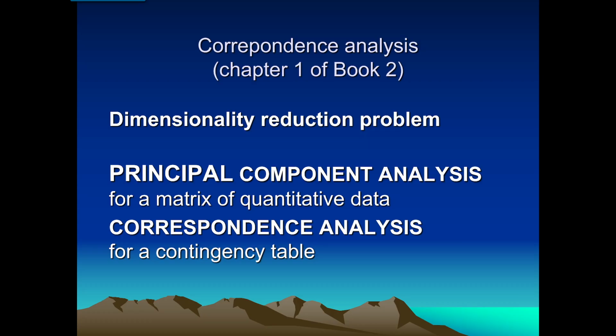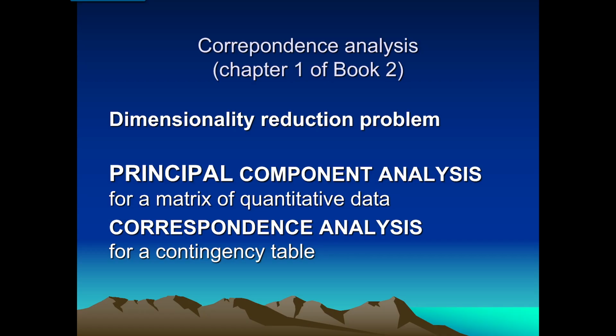Correspondence analysis will be the first chapter of book 2. It is again a dimensionality reduction problem. PCA deals with quantitative data. Correspondence analysis does the same for a contingency table.